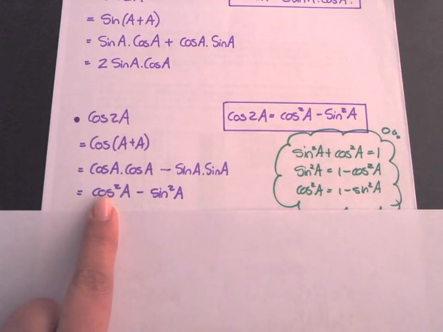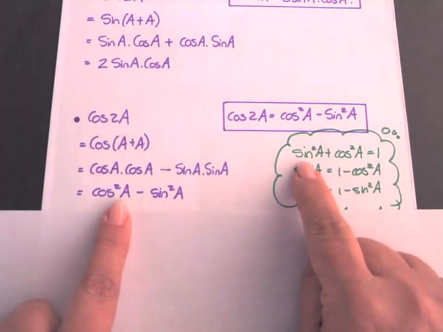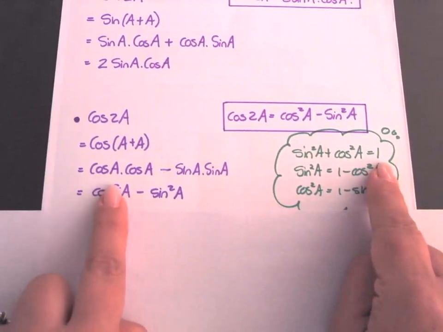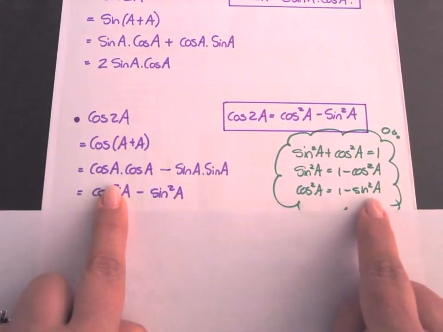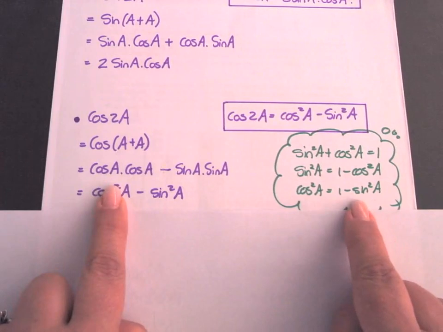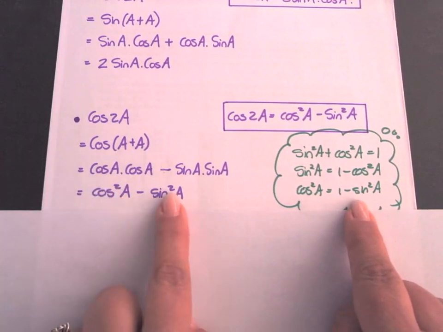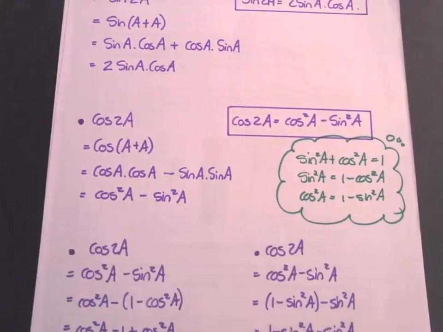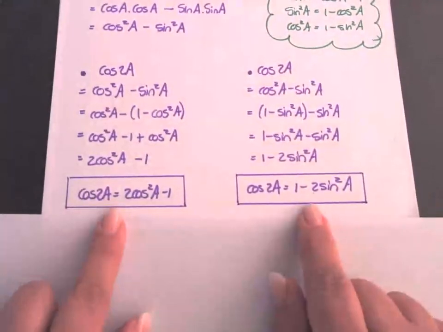So what do we do now? Then we use this identity. So we're going to change the cos squared to 1 minus sine squared, or the sine squared as 1 minus cos squared. And that's where these two come from.